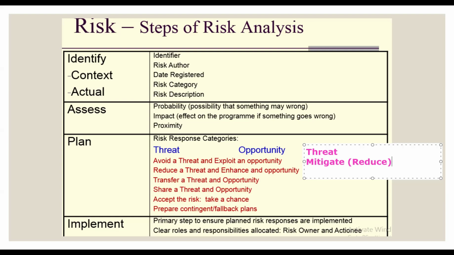The residual risk should be less than the threshold, so that you don't need further action. You can accept the remaining one, right? Now, any question about mitigation, guys? No questions? So shall I move to the next one?